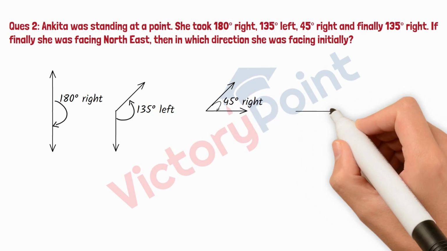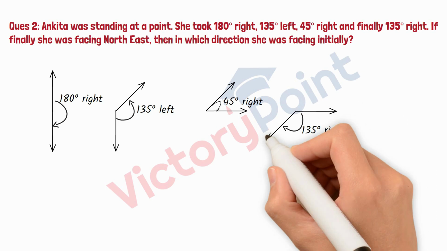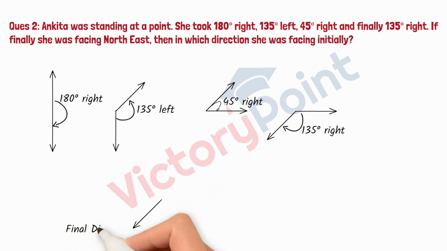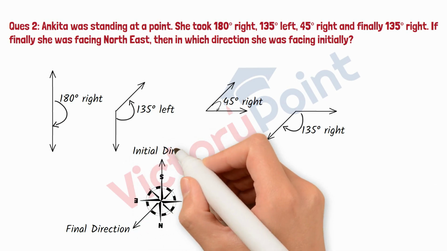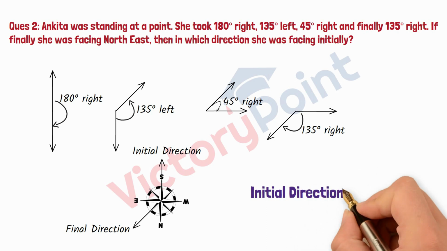So 135 is 90 plus 45. Now this is the final direction we have. The final direction in which Ankita was facing is given as northeast. So let's see the final direction with the compass, and in this case we have the initial direction to be south. So initially Ankita was facing south.